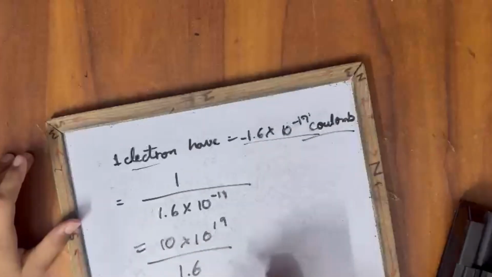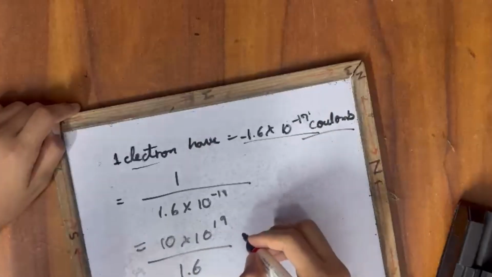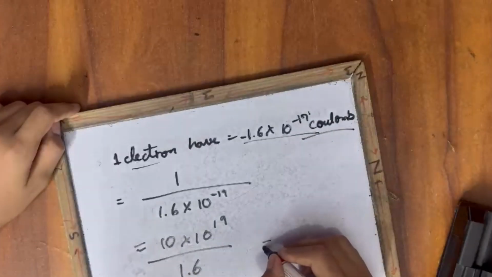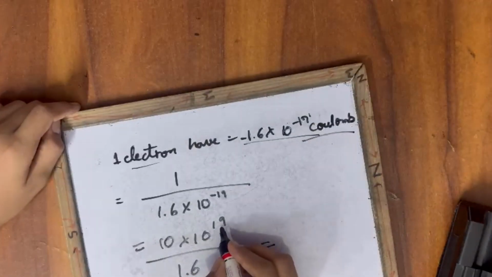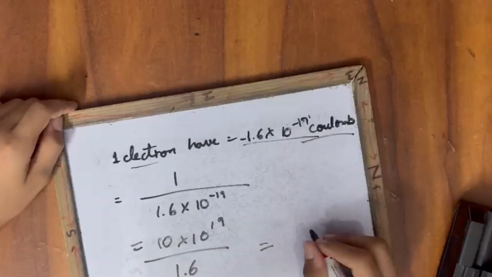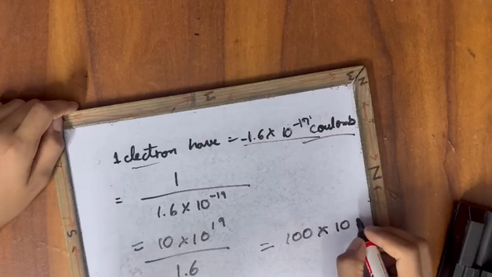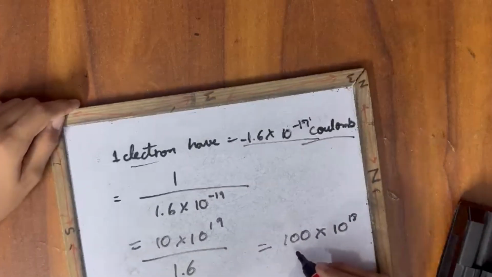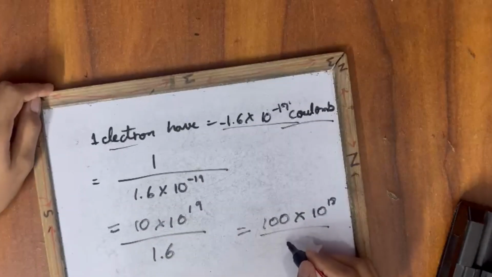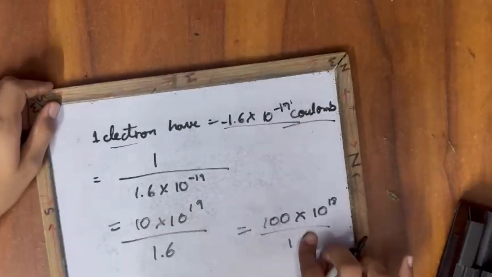Now we can also add one power of 10 into 10, so it will be 100 into 10 raised to power 18 upon 1.6.